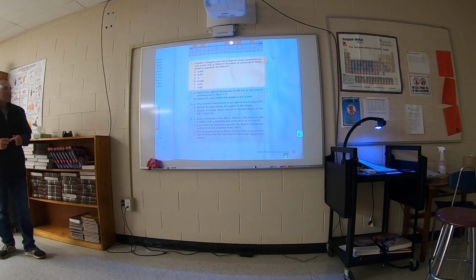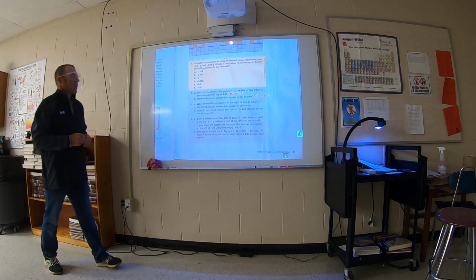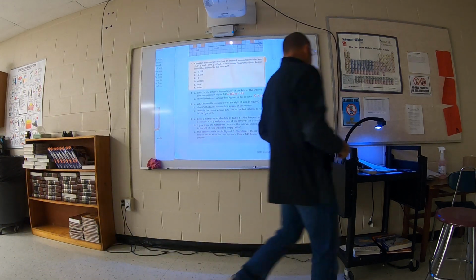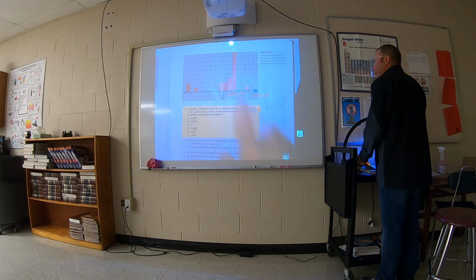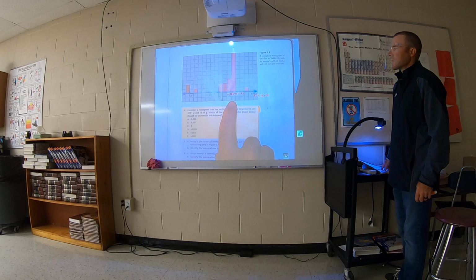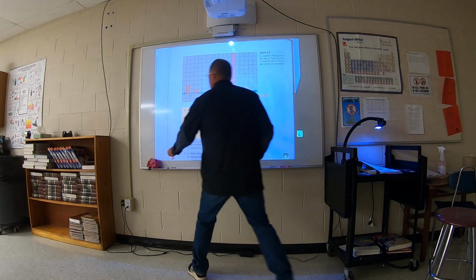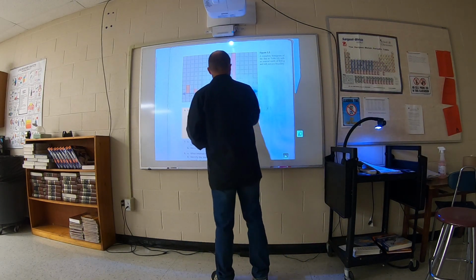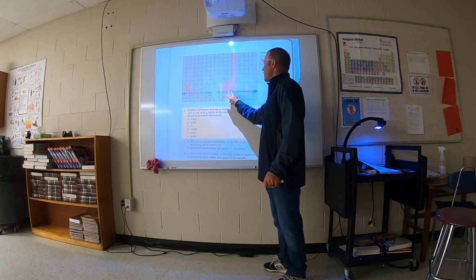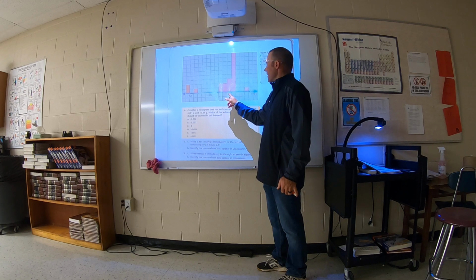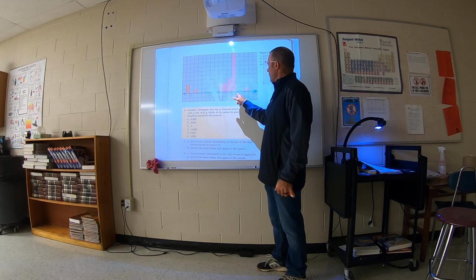Number 8, what interval is immediately to the right of 0 in figure 2.5? So figure 2.5 is this one right up here. Okay? So I'm going to erase the answers here to the previous one. And the one immediately to the right of 0 actually contains 0 because 0 is a boundary on it. So it's 0 to, well, what would this number be?